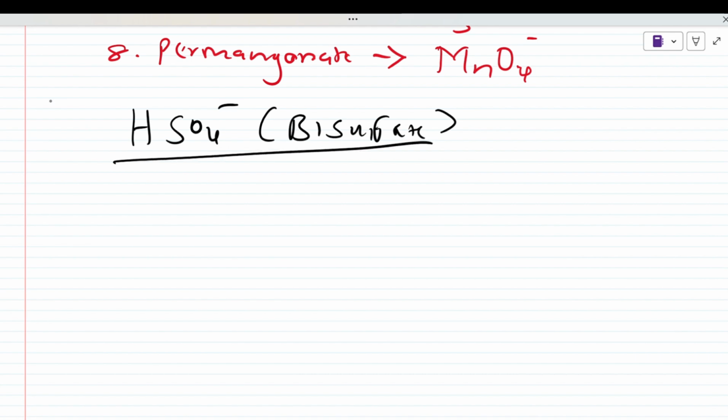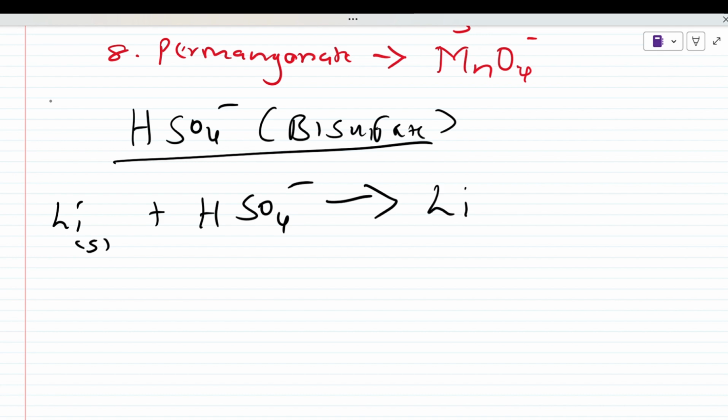Now, when I bring a group 1, lithium, Li, solid, plus hydrogen sulfate minus, what am I going to form? They are going to interchange their valencies. So at the end of the day, I'm going to have lithium, Li H SO4, aqueous.